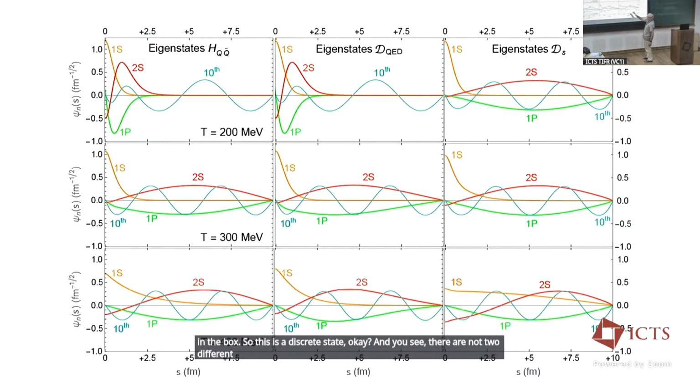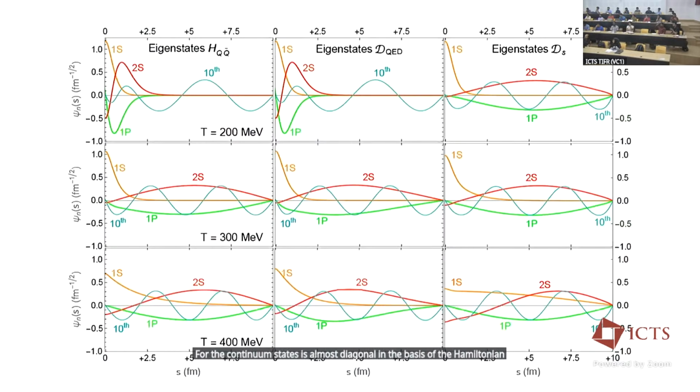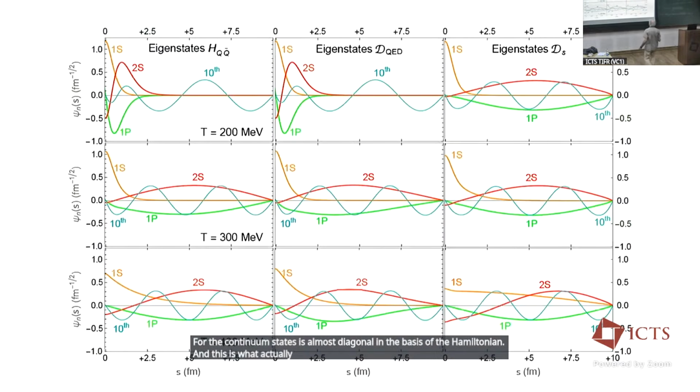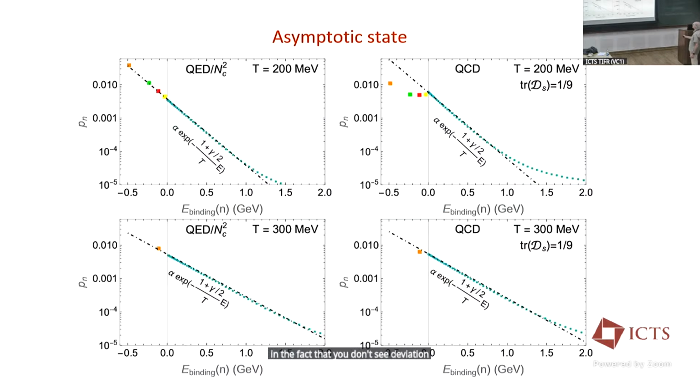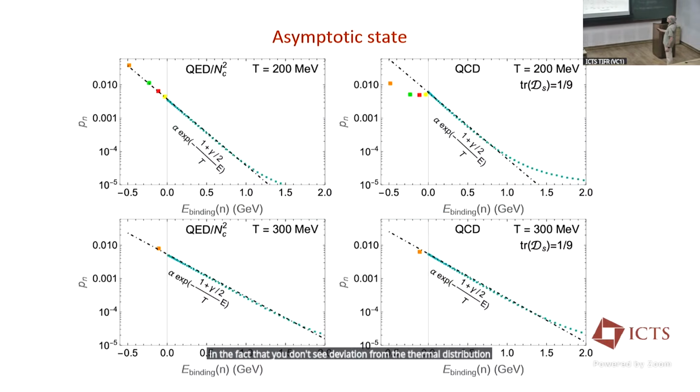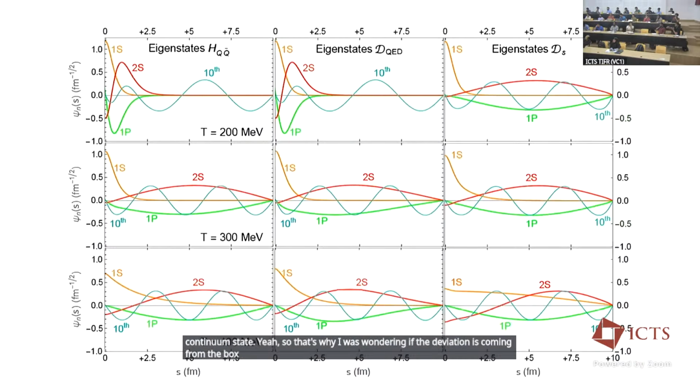So the density matrix for the continuum states is almost diagonal in the basis of the Hamiltonian. And this is what is reflected in the fact that you don't see deviation from the thermal distribution for the continuum states. Yeah, so that's why I was wondering if the deviation is coming from the box length for the bound state.